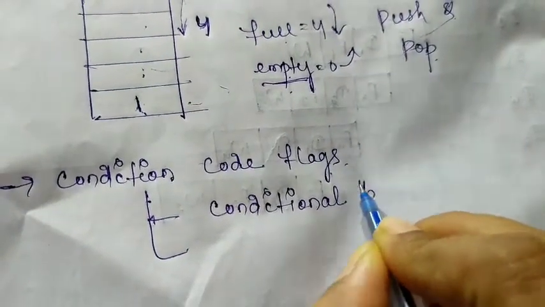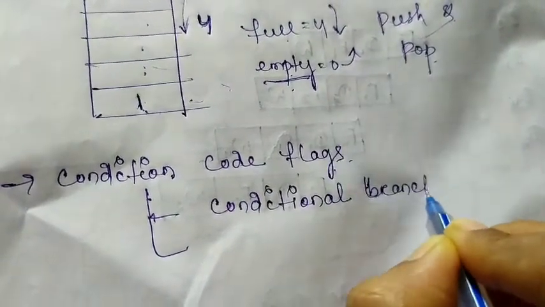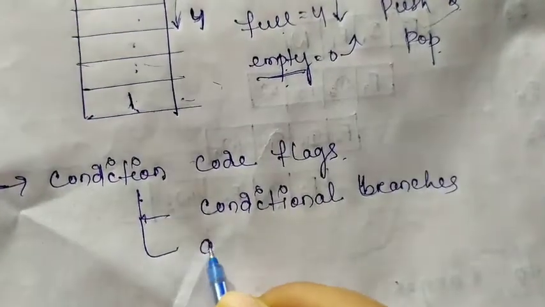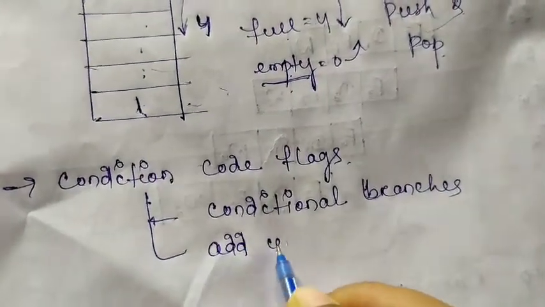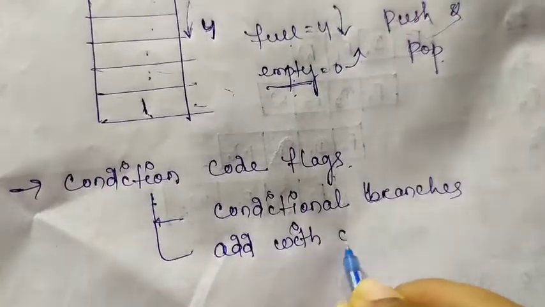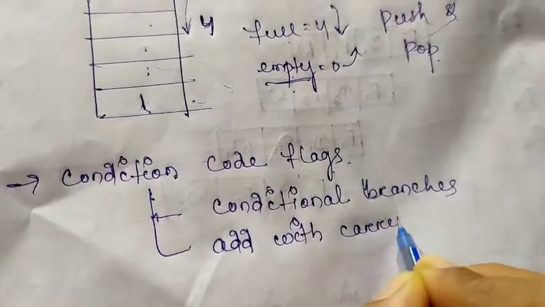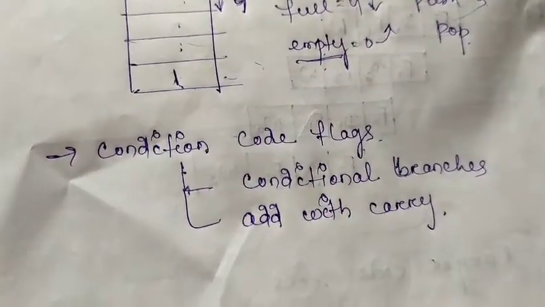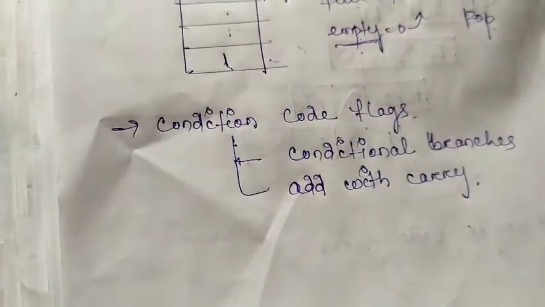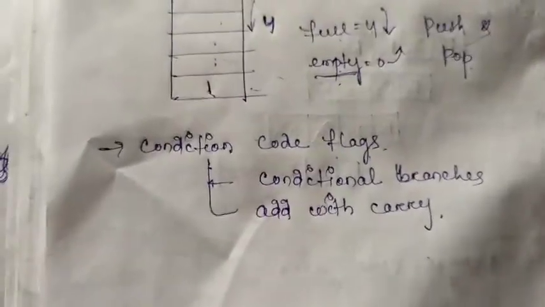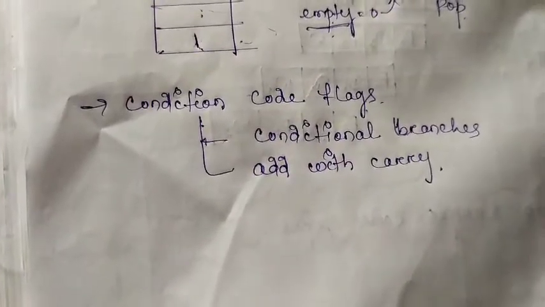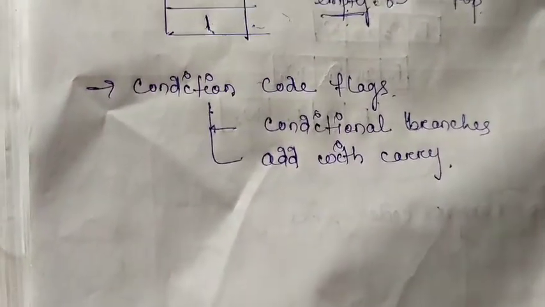So the conditional branches, add with carry, then negative, and then zero. Okay, so there are some condition code flags.